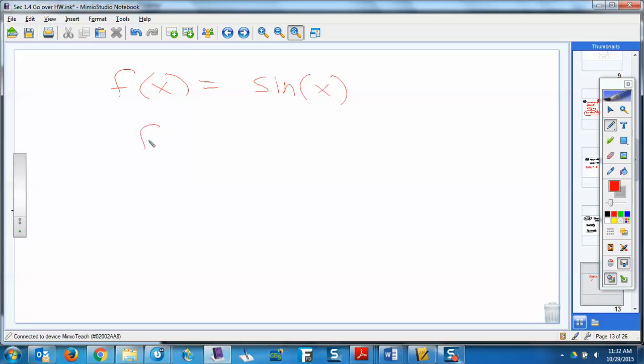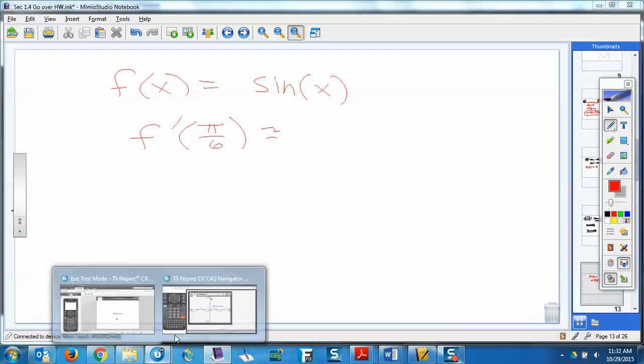And we wanted to know f prime of pi/6. Right? We want to know f prime of pi/6. So the first thing I would do is pick 2 really close points to pi/6. Okay? Well, I better get pi/6 as a decimal in, right? So do that for us, Joe.